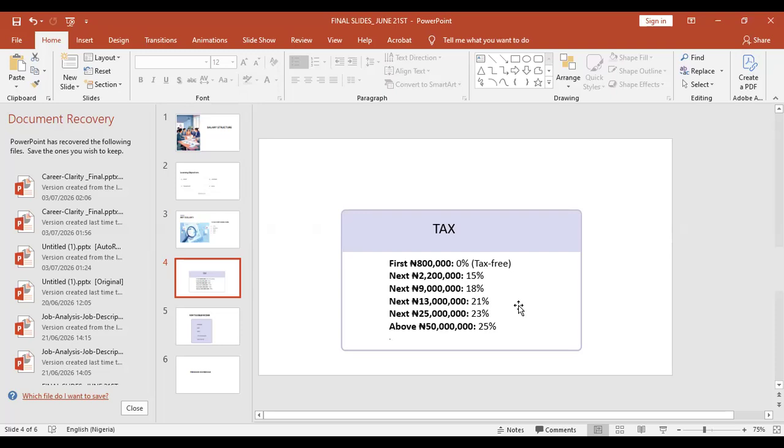So for example, let's say an employee's salary, you can see my screen, right? Yes. Let's say an employee's gross is 1.2 million naira. Let's say, okay, that's the monthly gross.